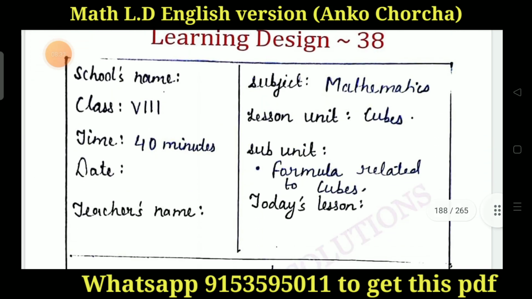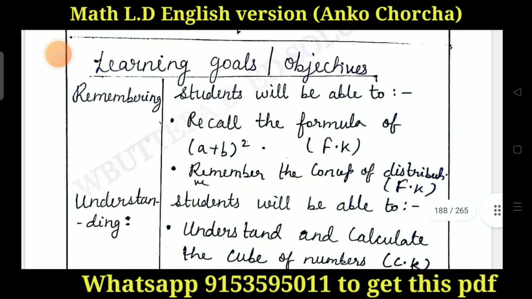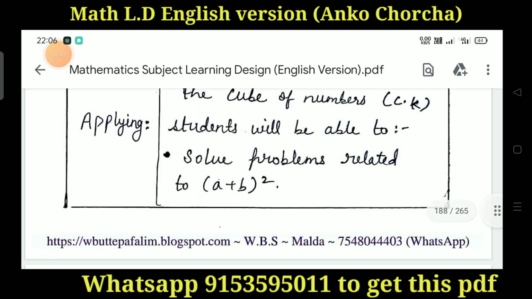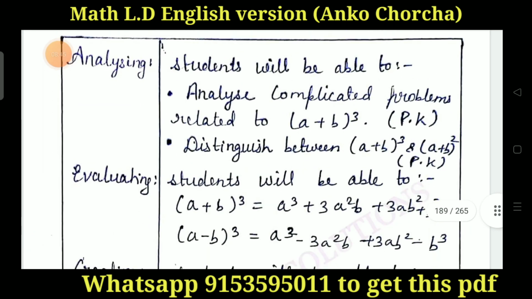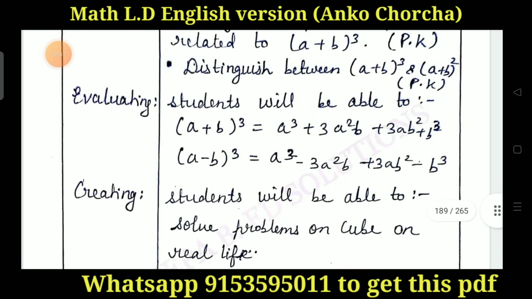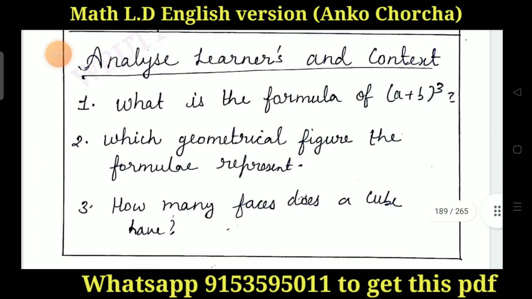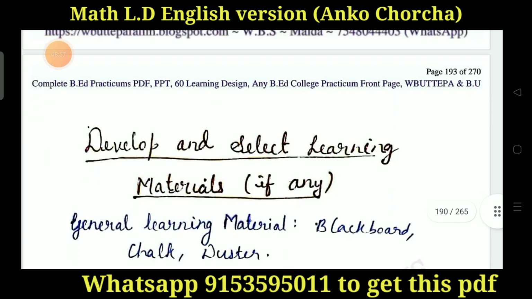Learning design number 38. Today's lesson, formulas related to cubes. Learning goals or objectives: remembering, understanding, applying, analyzing, evaluating, creating. Analyze learner and context: what is the formula of (a plus b) whole cube, and many other questions.